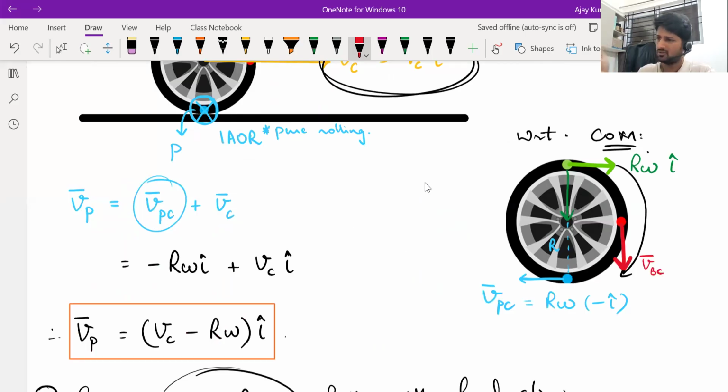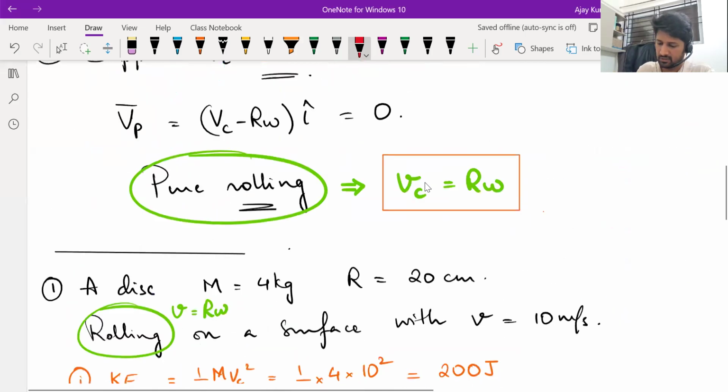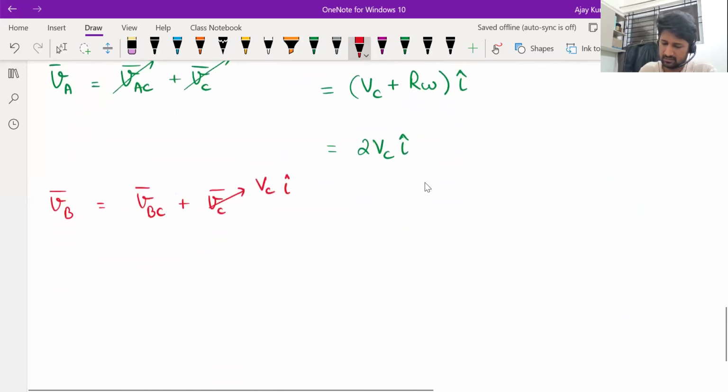And B is also a point on the rim of the wheel itself. Therefore, it is at a distance equal to radius from the center. So that will also be r omega. The speed will be r omega again, but the direction is downward, so minus j cap. That is the velocity of B with respect to the center of mass: minus r omega j cap.